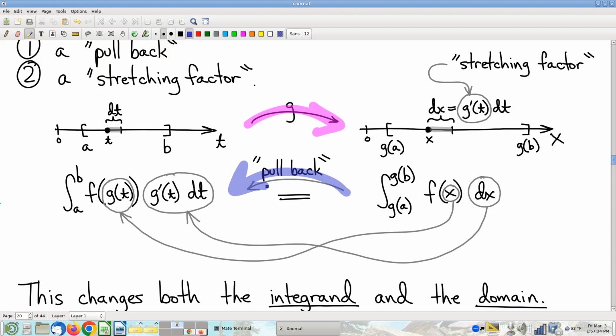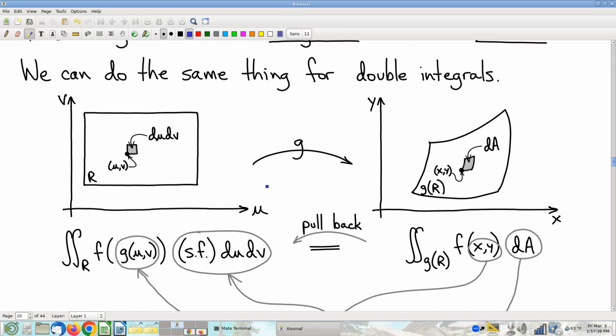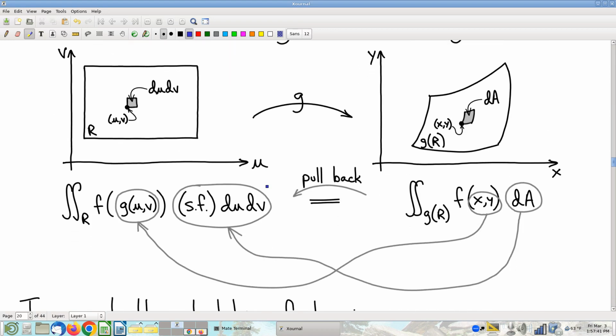In the same way that an integral here turns into an integral there, likewise, in the two-dimensional setting, if you have a multivariable change of variables function, then an integral on the right can pull back to an integral on the left.